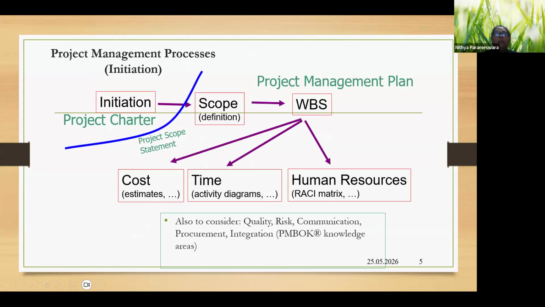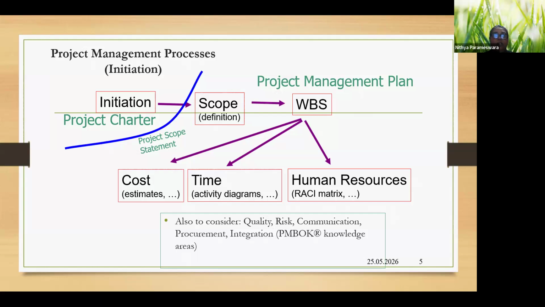So in the project management process of initiation, the initiation starts with the project charter, where you will have a project scope statement. Here the scope of the project will be defined.